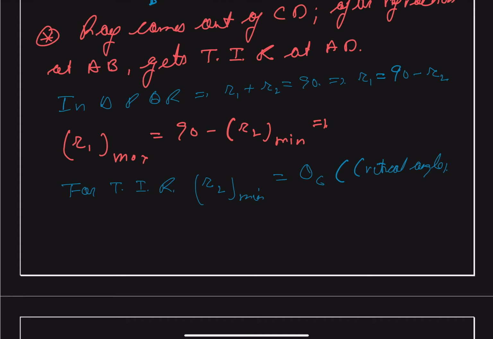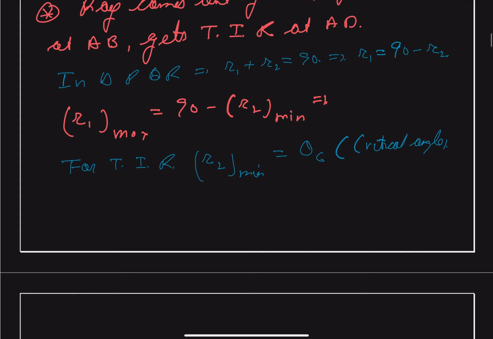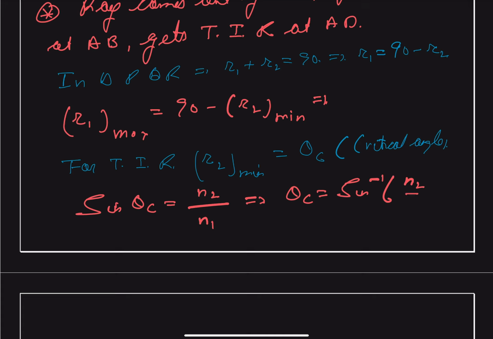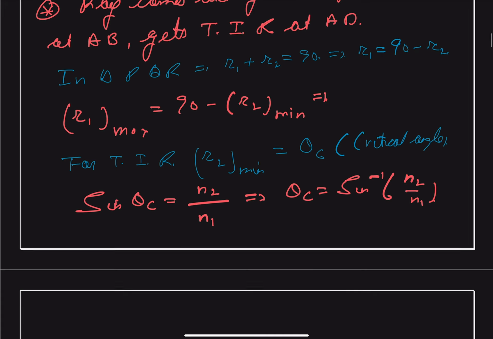For the critical angle theta c, we already know the formula that sine of theta c will be equal to n2 by n1. Or we can write that theta c will be equal to sine inverse of n2 by n1.